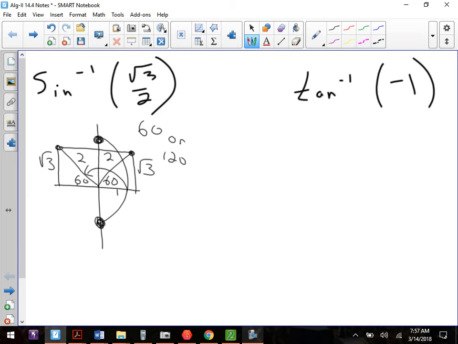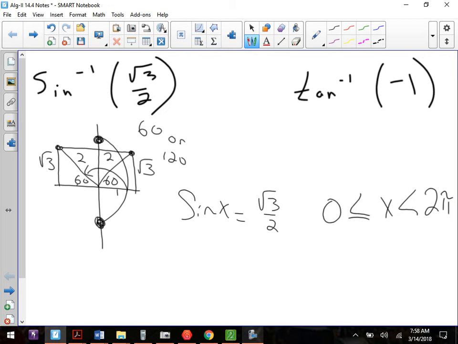But in order to do that, we have to have specific parameters set. So what we're going to do today is we're going to solve the equation. It's going to look like this. Sine of x equals root 3 over 2 between 0 and, I believe they write it like that, with the less than or equal to.